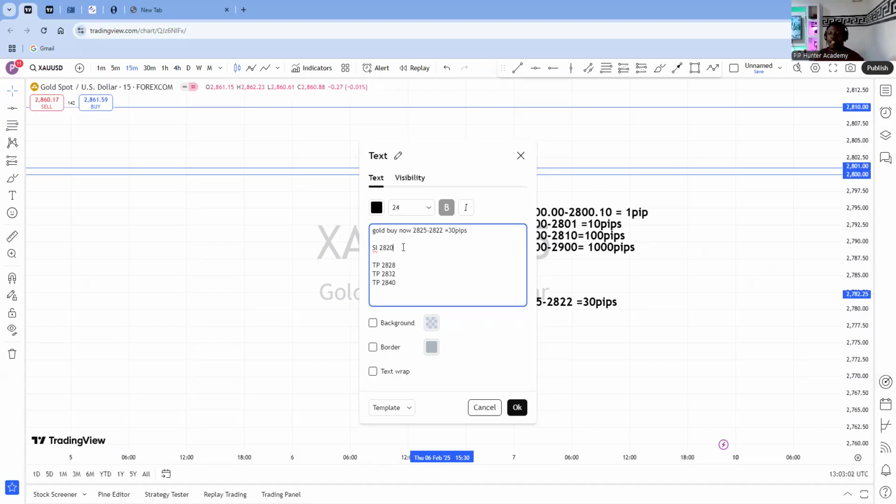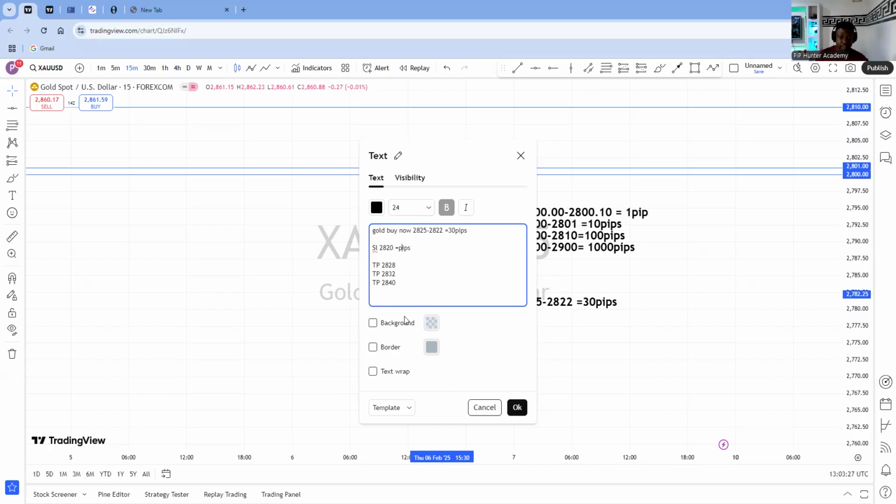When you are calculating the stop loss, your stop loss should not start from the 22 to 20. No, your stop loss should start from the initial entry, the first entry, which is 28.25. Okay, 28.25 all the way to 28.20, which gives you 50 pips.